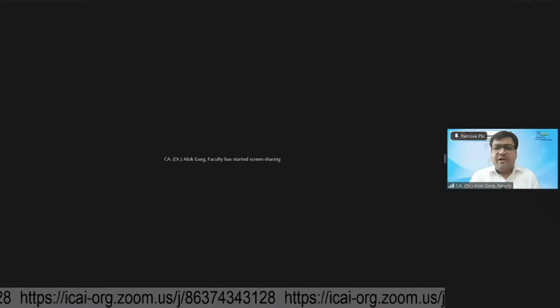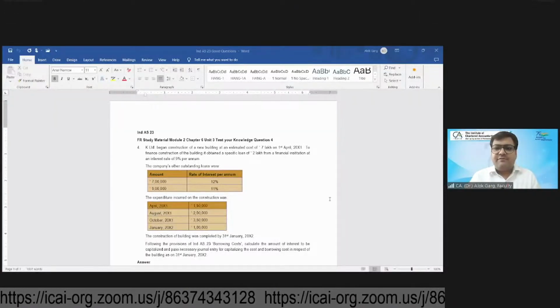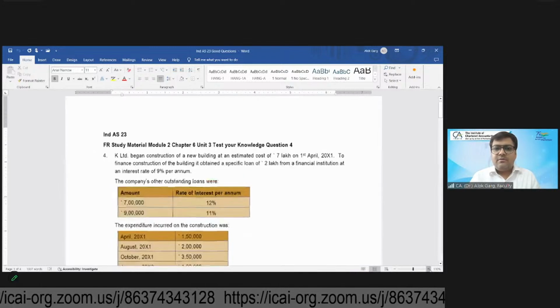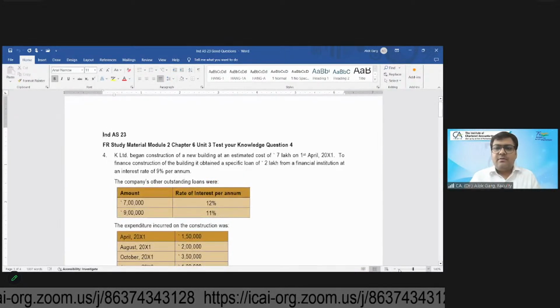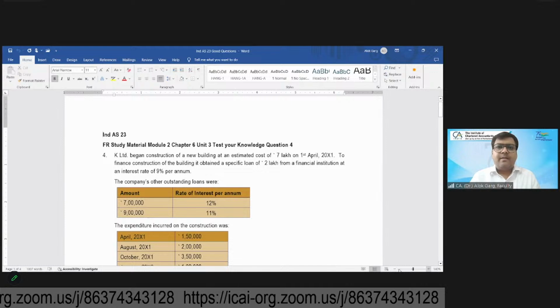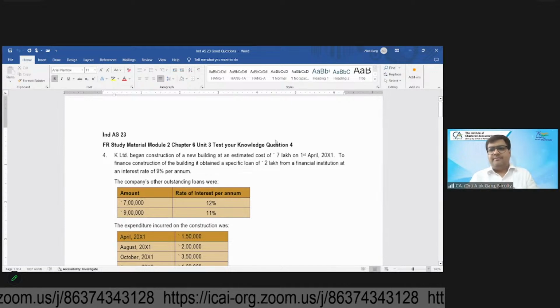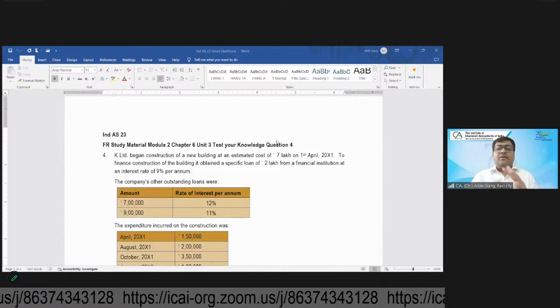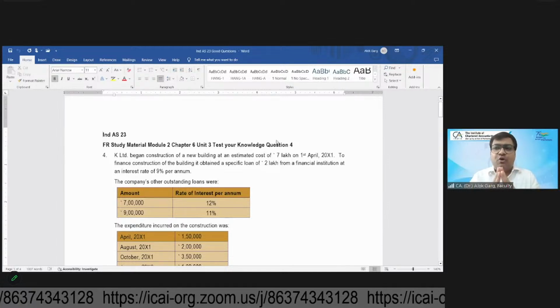I hope this word file is visible. So Ind AS 23 is borrowing costs.